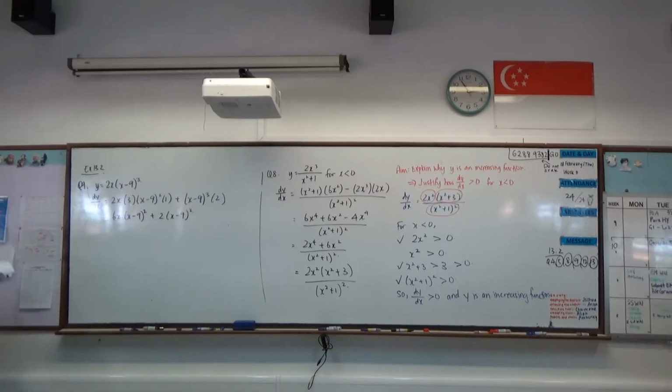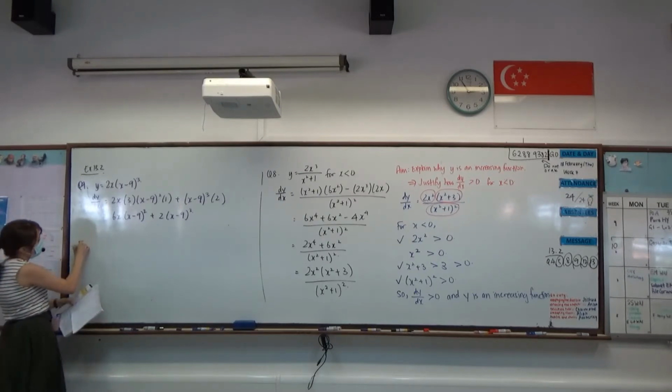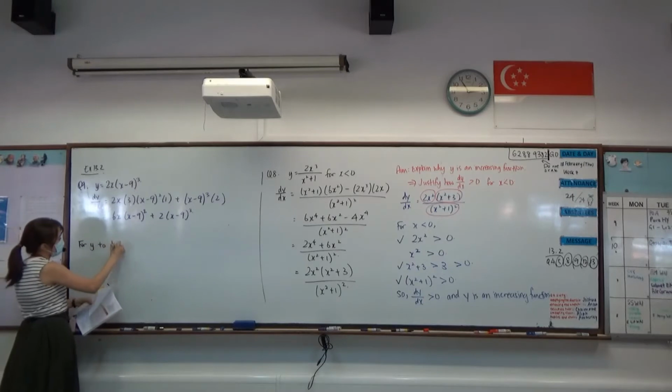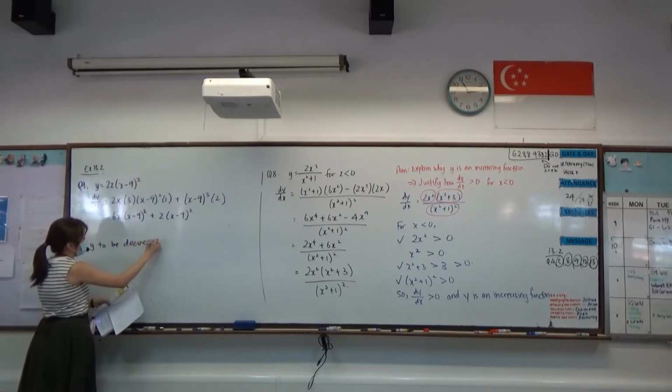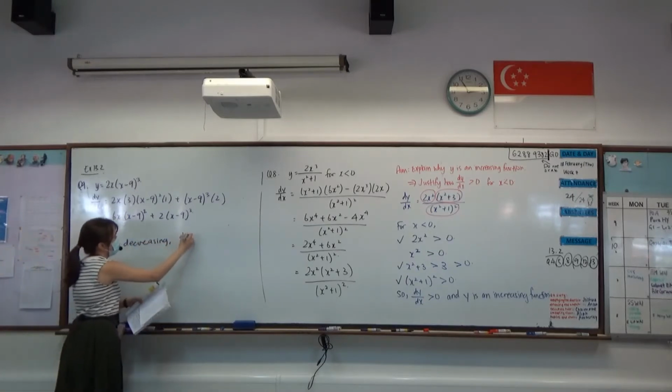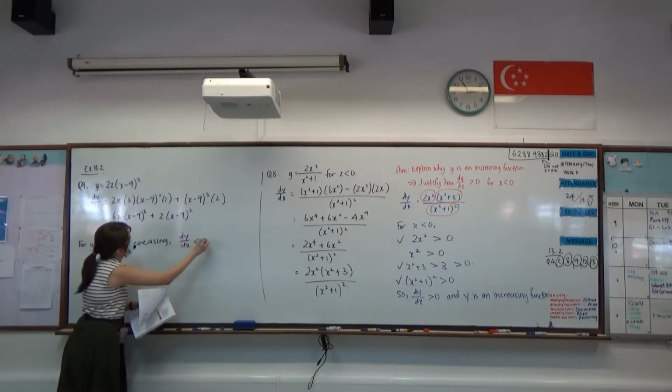Find the dy over dx, and then we want to determine the range of values of x for which y is decreasing. So for y to be decreasing, our dy over dx has to be less than 0.